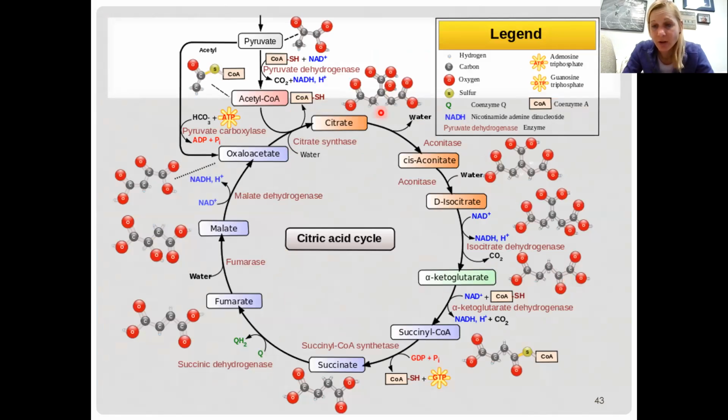Okay, the first, or I guess not the first, the second part of this aerobic pathway, the first was that glycolytic pathway. Okay, now I brought that acetyl-CoA into the mitochondria, and I entered this citric acid cycle, which is also known as the Krebs cycle. Okay, and think of this as like a recipe.